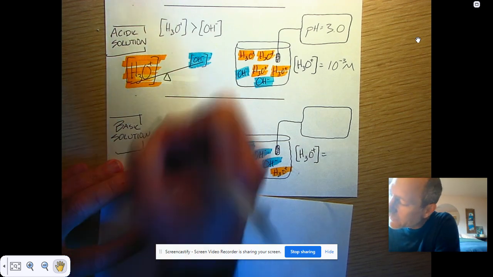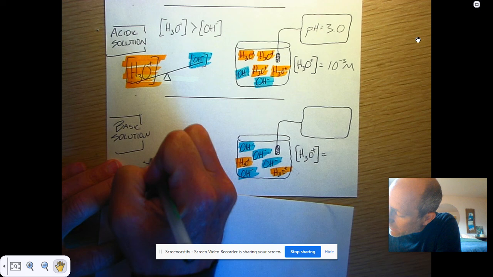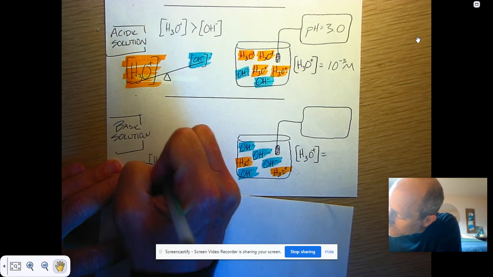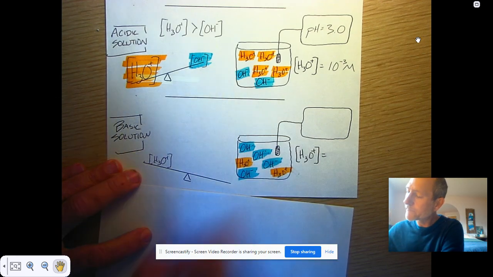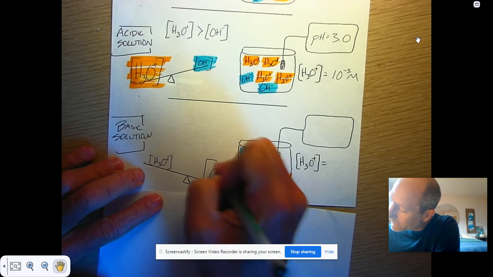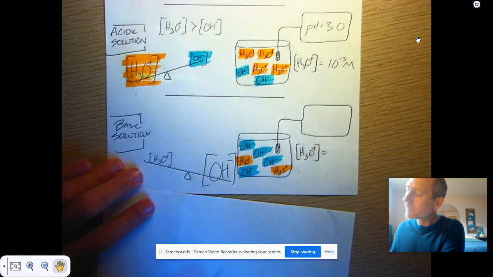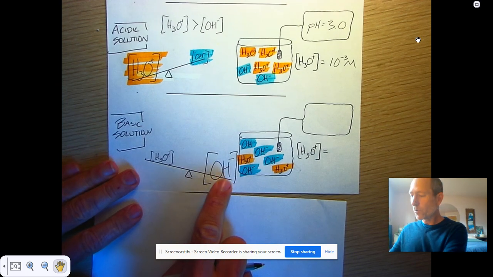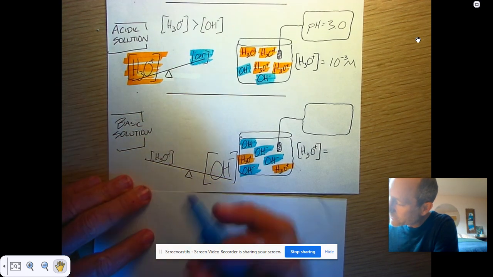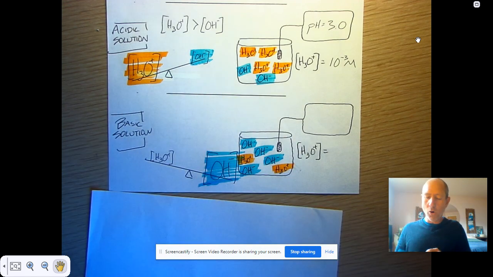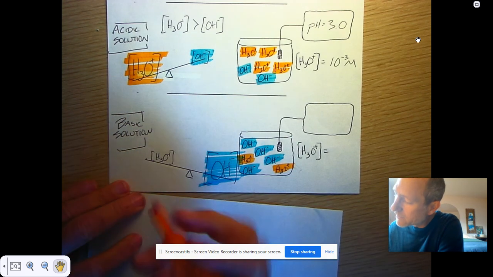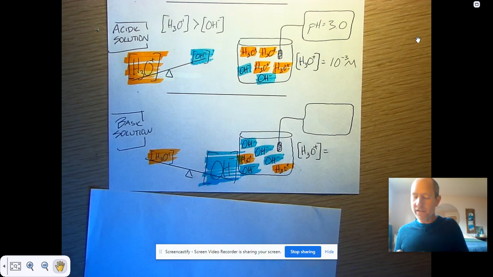So what that means is that we have a relatively small amount of hydronium and a relatively large amount of hydroxide. We got more hydroxide, so it's weighing down this scale. We got more hydroxide than hydronium. This is a basic solution.